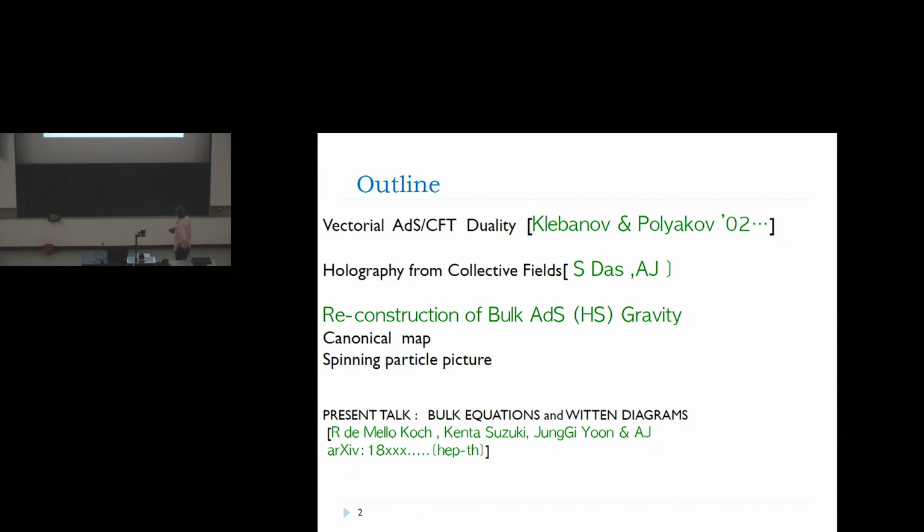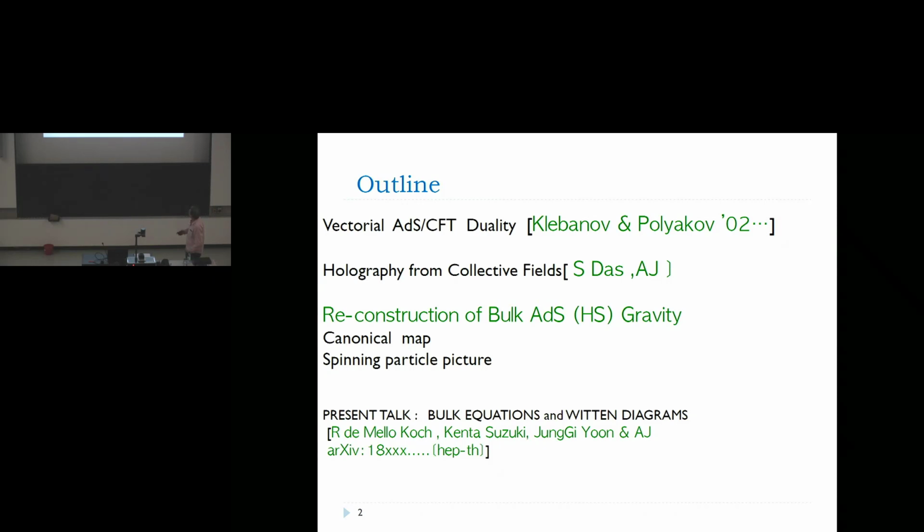To that, we have developed an approach which was termed holography from collective fields, and in a way, that is a framework or a scheme to construct the bulk theory from the original field theory. Some parts of this we have done during the last several years with some of my students.